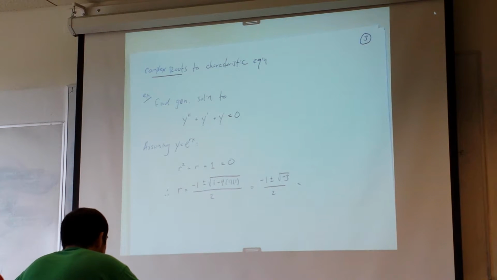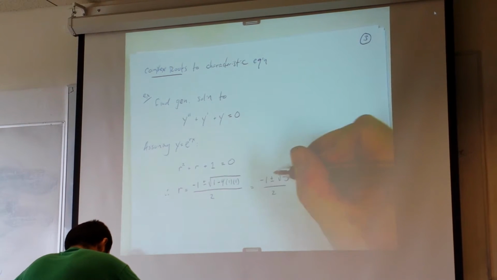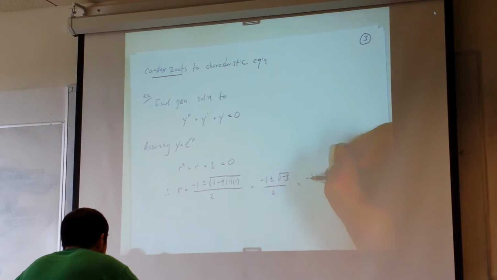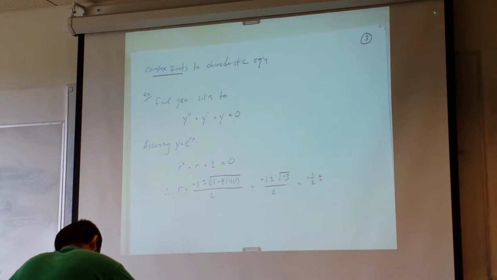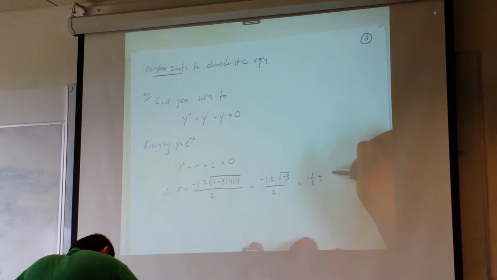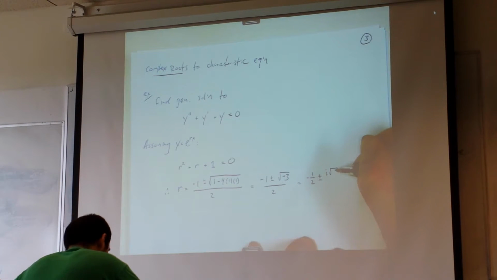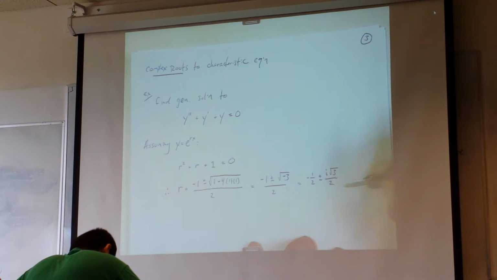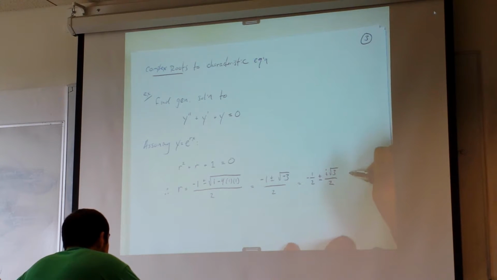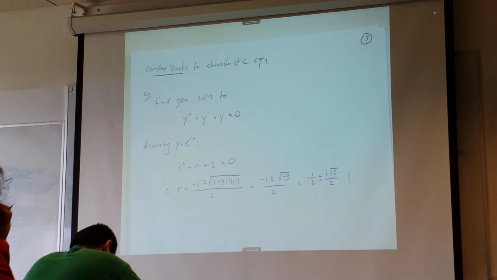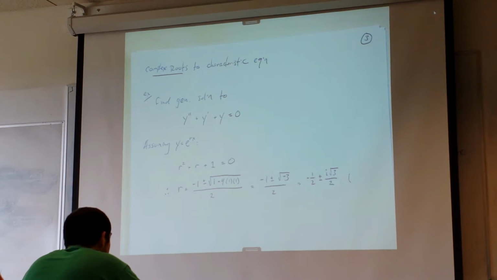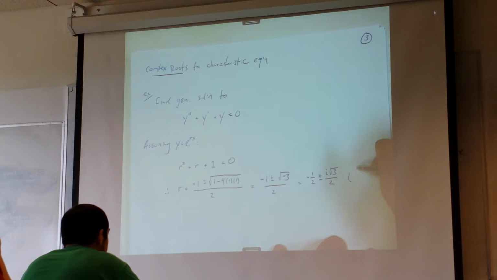So this is going to be complex. I could write this as -1/2 plus or minus i times root 3 over 2. They come in pairs: -1/2 plus root 3 over 2 i, and -1/2 minus root 3 over 2 i.